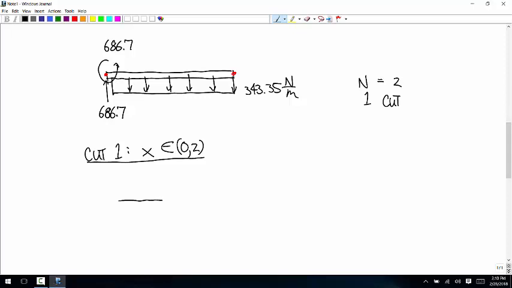On the left end, we have the upward force of 686.7. And we have the couple of 686.7. And then we have the distributed load representing the weight.